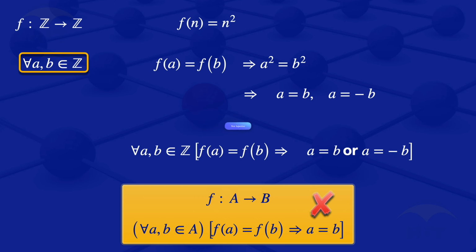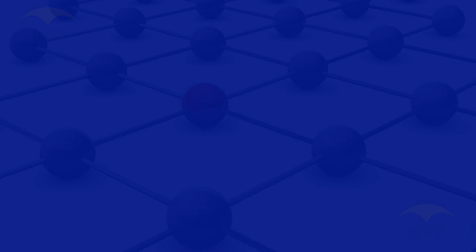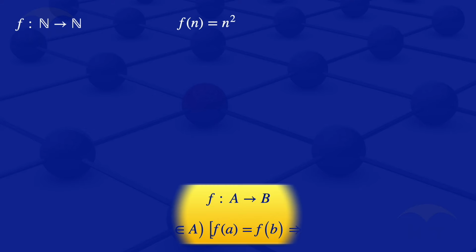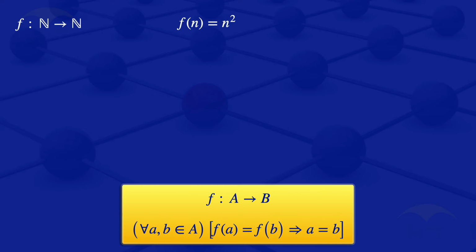I will now move on to the next one, the function which maps natural numbers to natural numbers defined by f of n equals n squared. In this case, I am going to use the definition again of the injective function. We say that if f is a function which maps A to B, that function is injective if for all a, b in the set A, whenever f of a equals f of b, then a equals b.